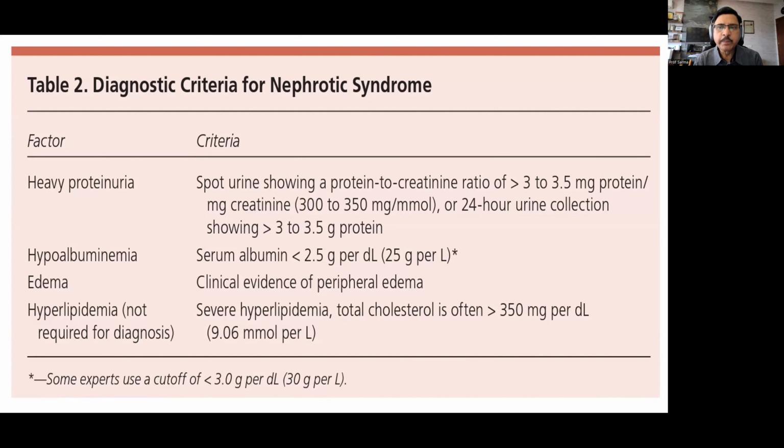And if it's a spot urine sample, the PCR ratio should be more than 3 to 3.5. Correct, more than 2. Hypoalbuminemia, serum albumin less than 2.5 grams per deciliter. And edema, there should be clinical evidence of peripheral edema.